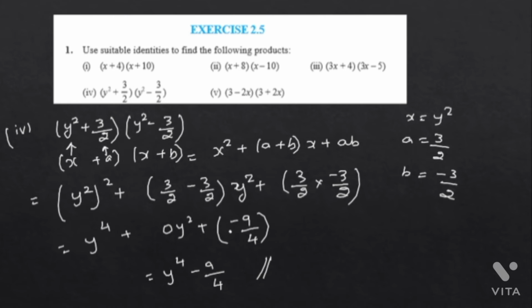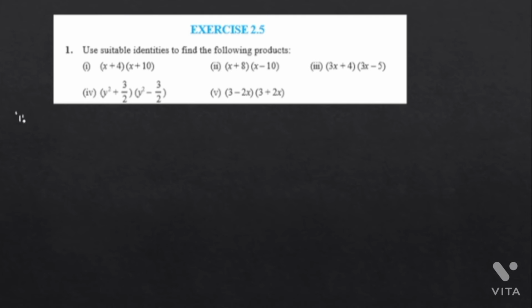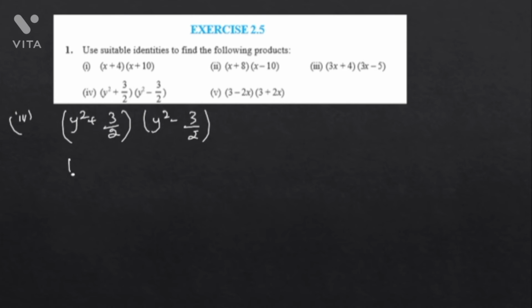So you can use this formula, or there are two methods. You can also use another formula. Let me show you. Fourth subdivision, y square plus 3 by 2 into y square minus 3 by 2. So we know that a plus b into a minus b is equal to a square minus b square.